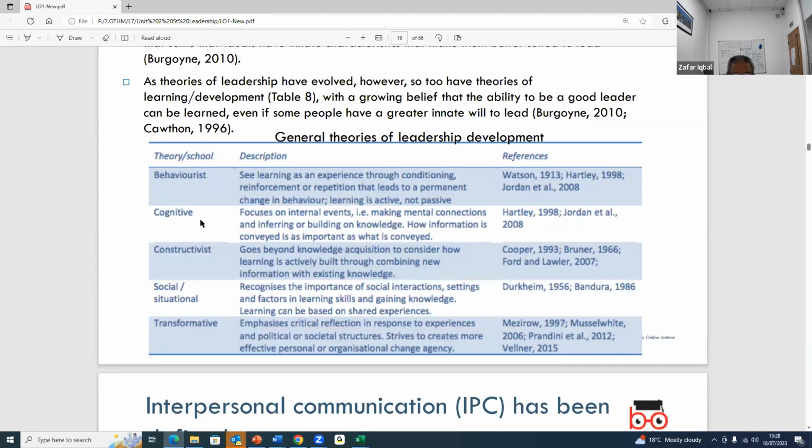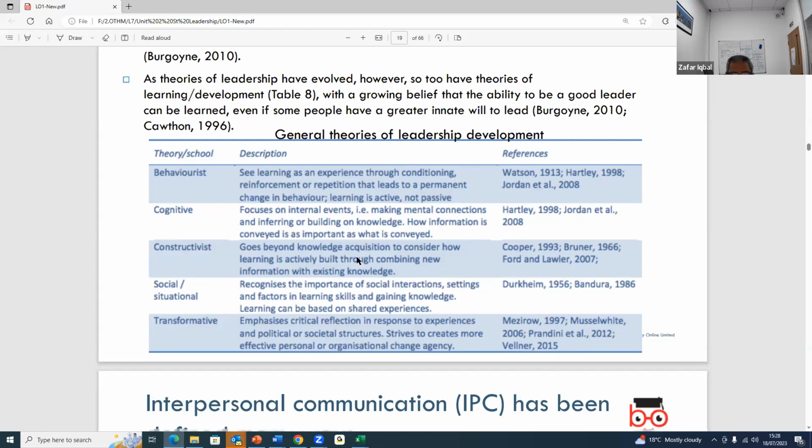Constructivist theories, however, look at going beyond acquiring knowledge to consider how learning is actively built through new information, i.e., in addition to the existing knowledge. So they are constructing things.